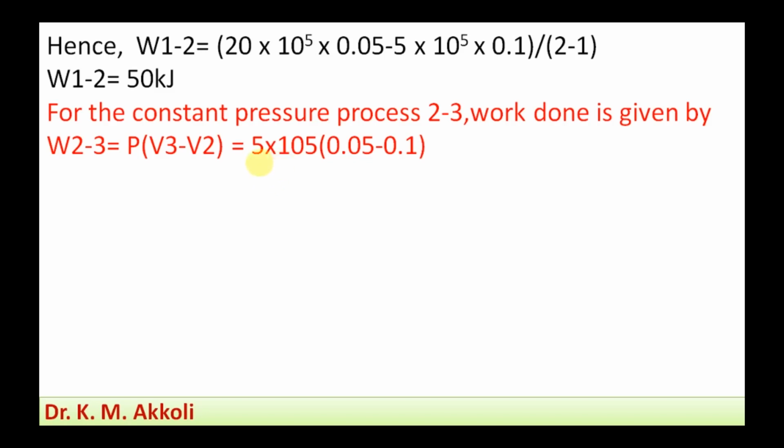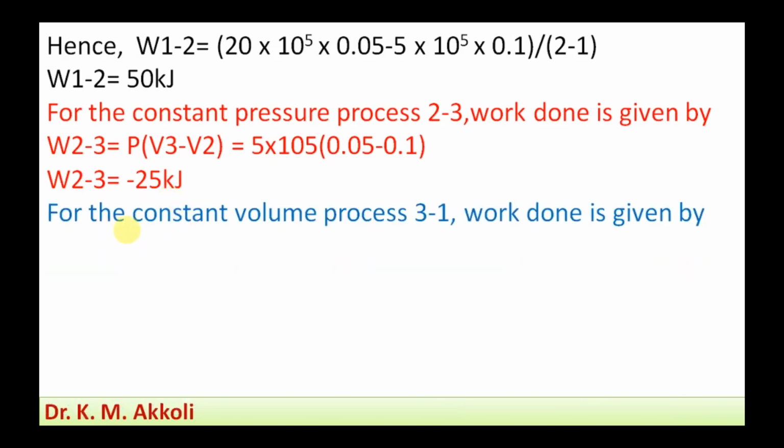Therefore, 5 into 10 raised to 5 multiplied with (0.05, the V3, minus 0.1). After the calculation, W2 to 3, we are going to get minus 25 kilojoule, because here the smaller volume is V3 and the higher value is V2. Therefore, we get negative work done on the system.